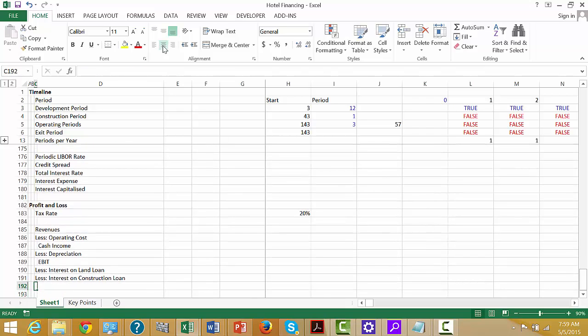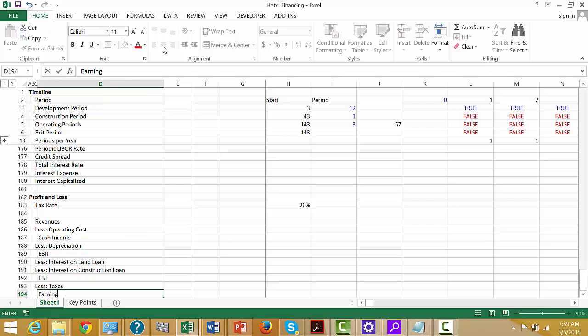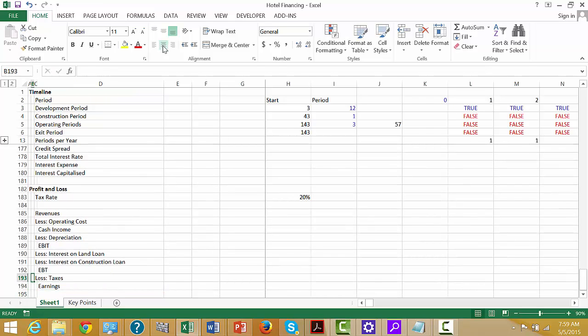And then after we do that, we'll put EBT, and then we can put less taxes, and we could put earnings.